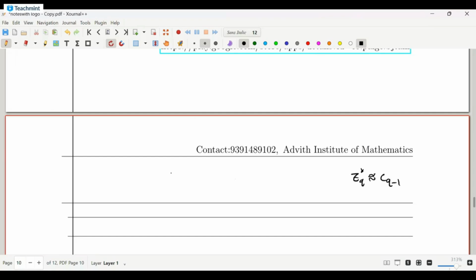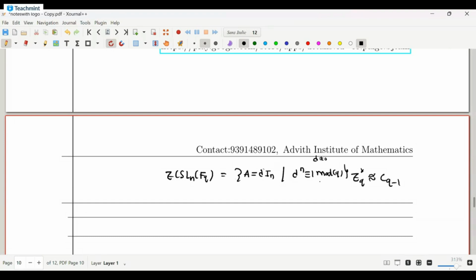So therefore Z of SLN of Fq is equal to the set of all matrices of the form lambda into In such that lambda power n is congruent to 1 modulo q and lambda is not equal to 0.